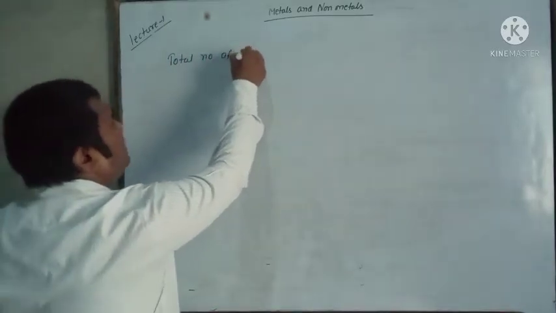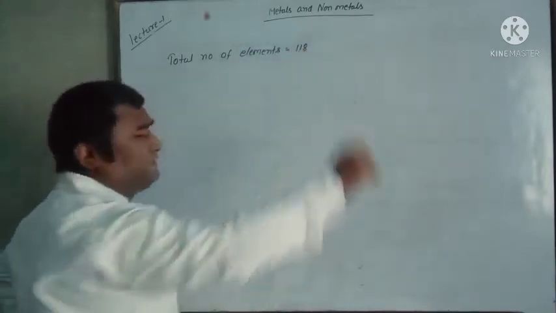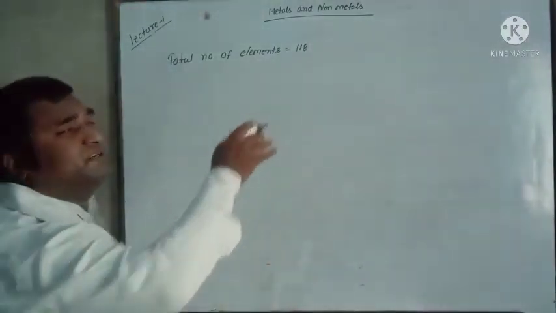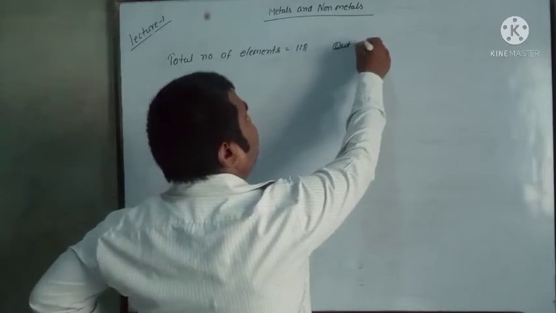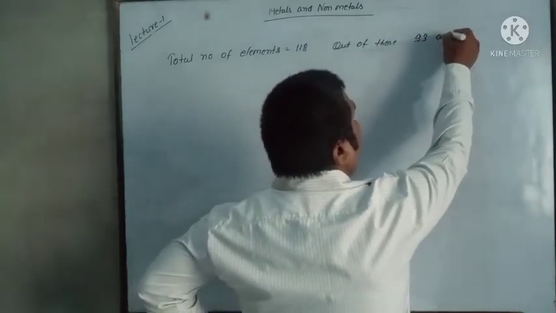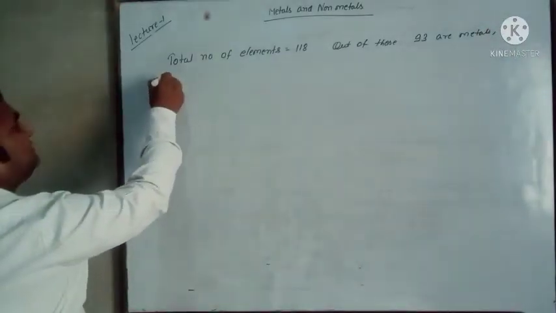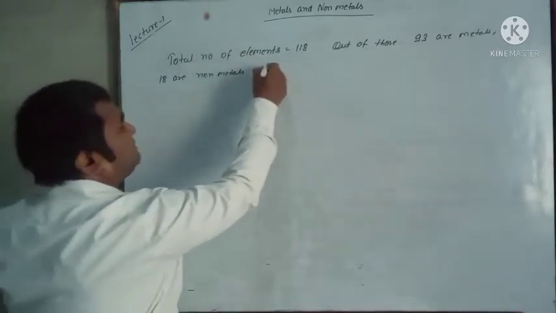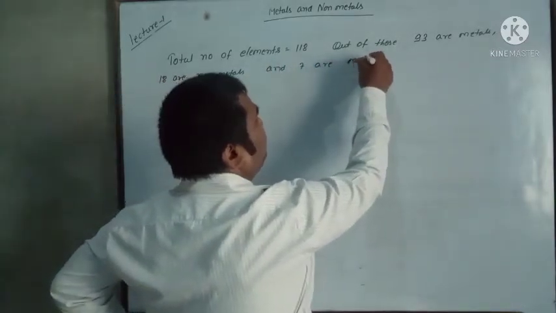Out of these 118 elements, 93 are metals, 18 are non-metals, and 7 are metalloids.